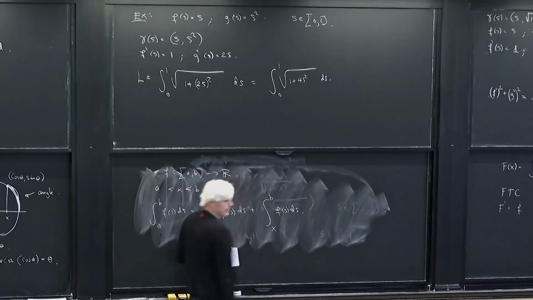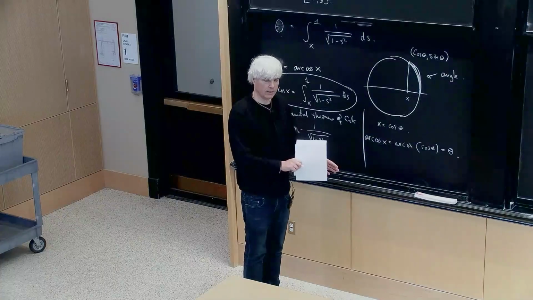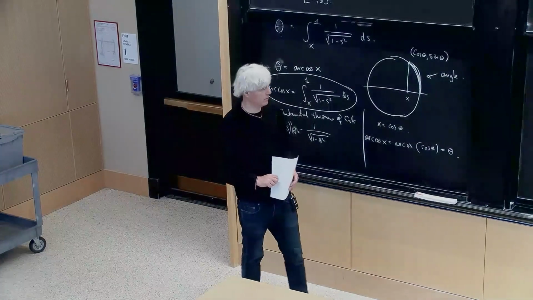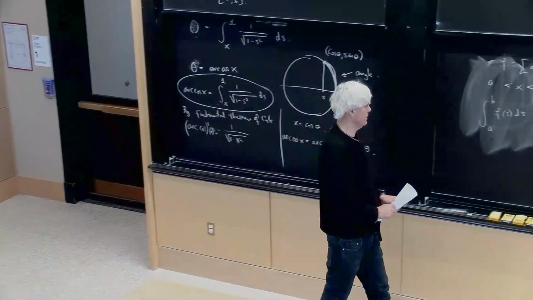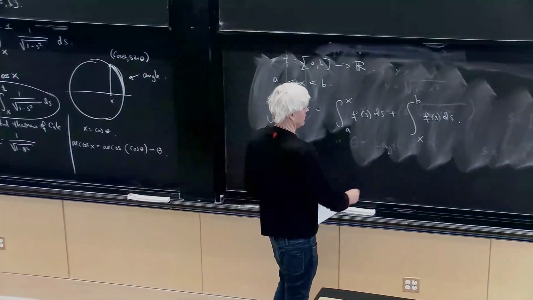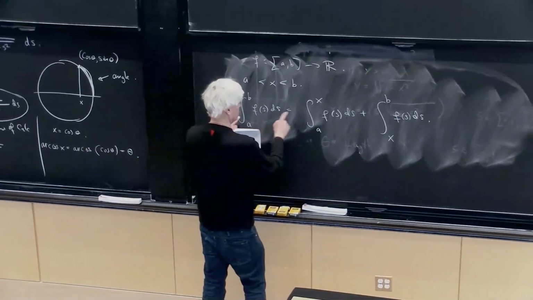That was one of the rules: if you have a dividing point in this interval, then you can integrate over the first half and then add the integral of the second half. But this just tells you that you can rewrite this as this minus that.